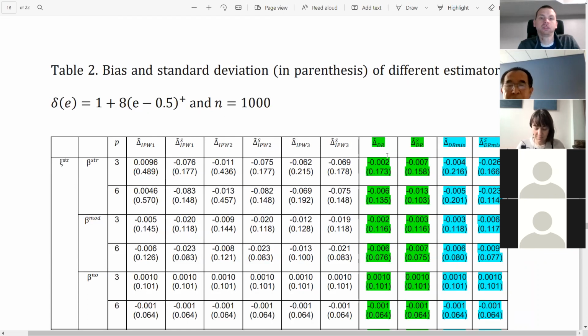Here is a more interesting one, about the double robust estimator. Here we have some misspecification of the outcome variable y. It's a regression model for the outcome variable y. We introduce some misspecification for the model and see what happens. The original double robust has a standard deviation of the error of 0.173, and the smoothed one becomes 0.158.